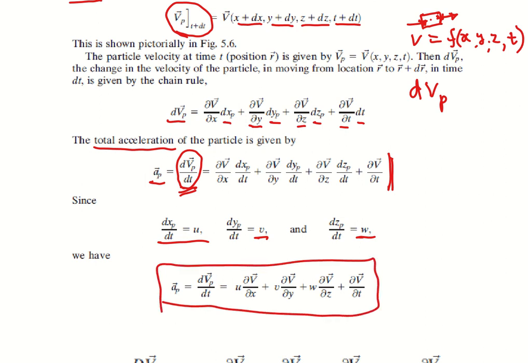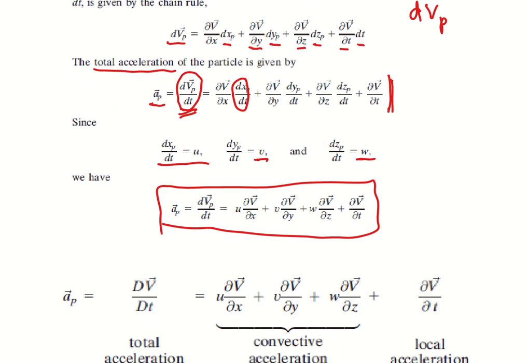Acceleration is equal to u del v over del x plus v del v over del y plus w del v over del z plus del v over del t. Right.